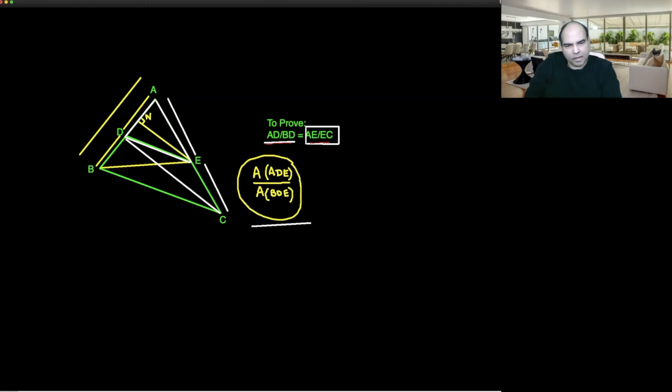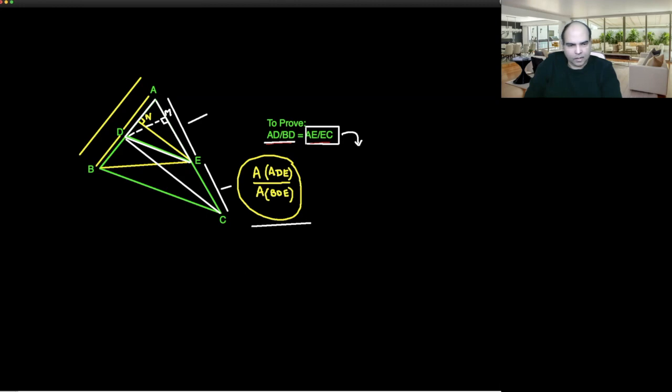Both these triangles again have different bases. The CD triangle has CE as the base, and the AD triangle has AE as the base. But again, their heights are going to be the same because the top vertex is D. So if I draw the perpendicular from D to, let's use M, which is what NCERT used here, then I'll get another conversion of the ratio of AE by EC into the area of two triangles.